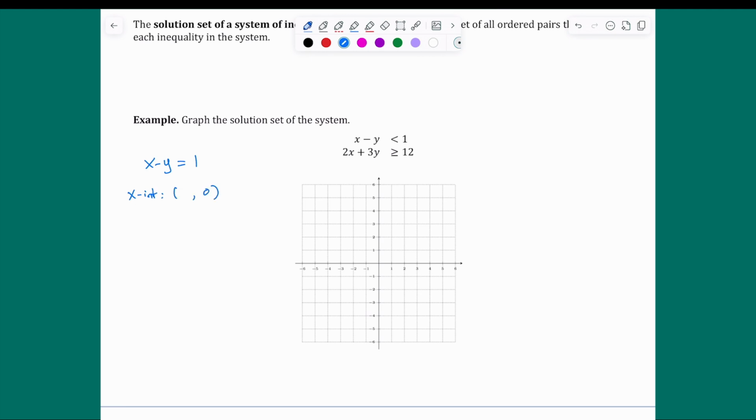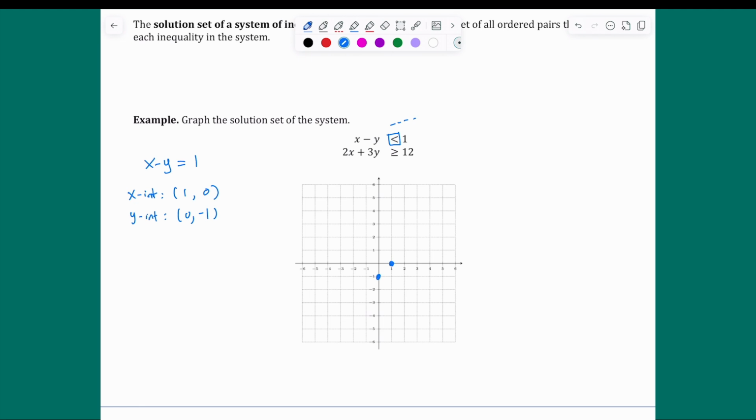Set y equal to 0, so we have x equal to 1. For the y-intercept, we set x equal to 0 and solve for y, so we get -1. That's our ordered pair. Once again, we had a less than symbol, which means we're going to have a dashed line. So we have a point at 1, 0 and a point at 0, -1.